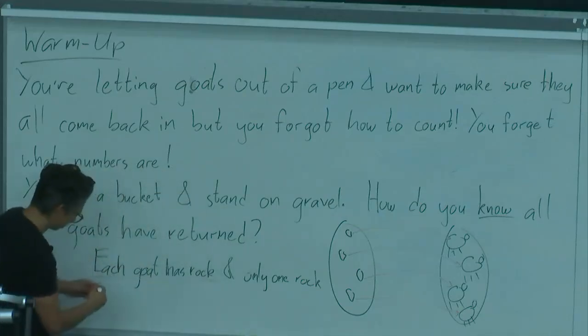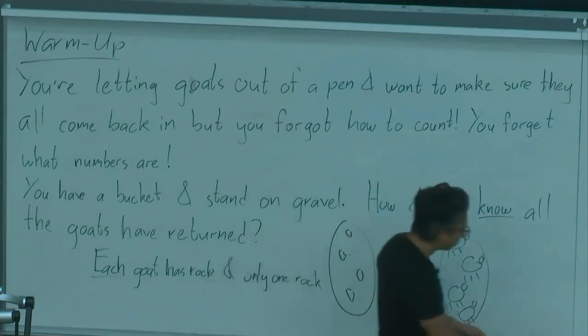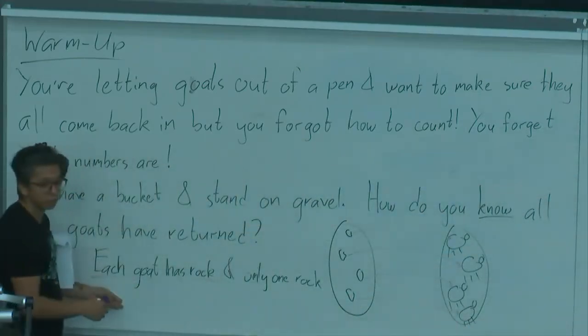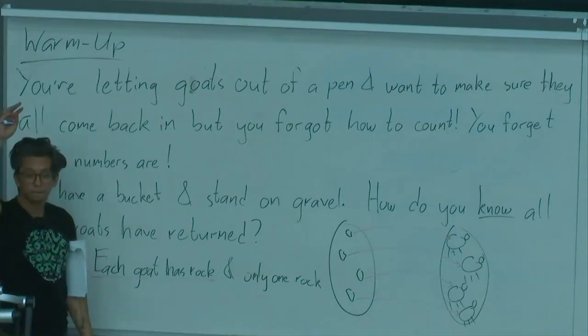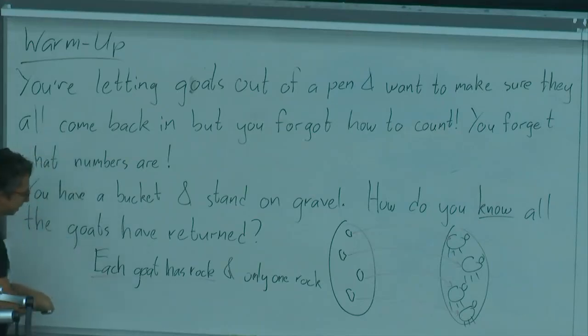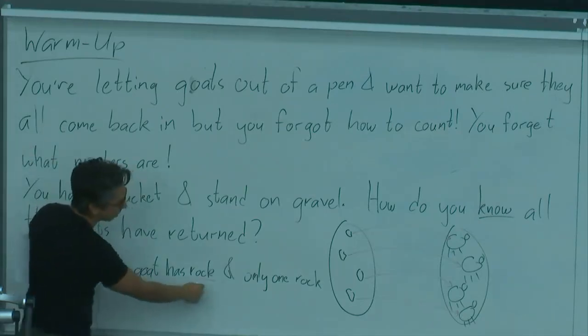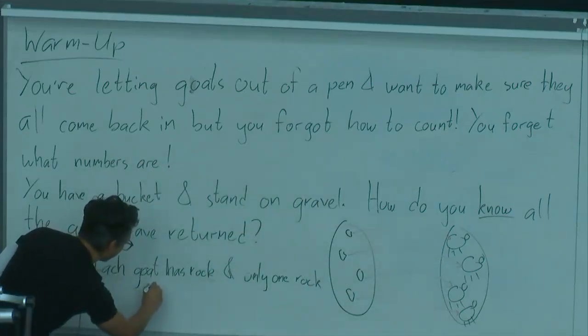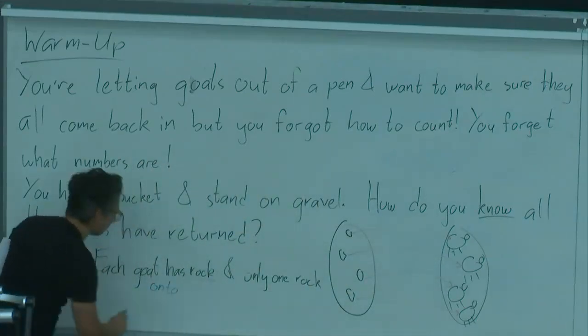Each goat has a rock. Is that talking about onto-ness or one-to-one-ness? Who thinks one-to-one? Who thinks onto? OK, pretty split there. So each goat has a rock. We're mapping from rocks to goats. In this case, this means onto, right?